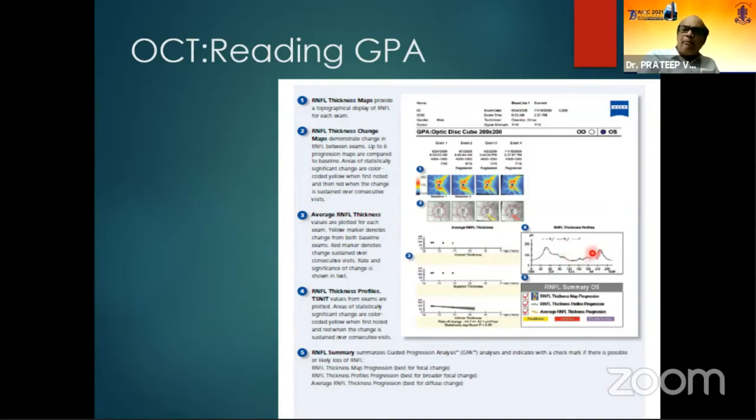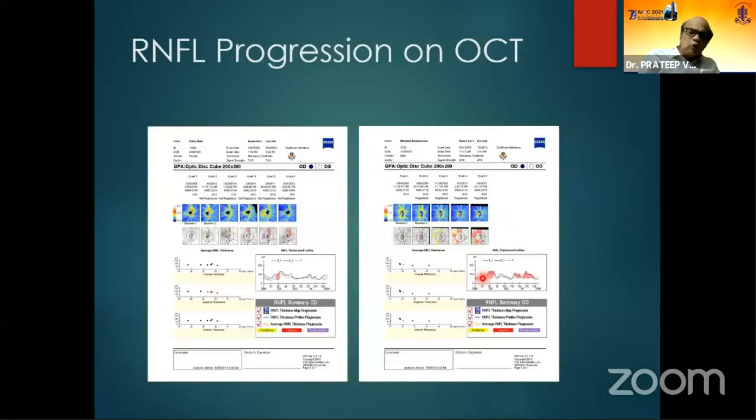This is compared and plotted in a linear regression fashion, and again it shows how much deviation or asymmetry there is between the right and the left eye. So it gives a beautiful progression analysis as well, which you can compare with the GPA of the perimetry. These are two examples. You can see that there is a significant progression over a period of time, and how much asymmetry there is between the right and the left eye.